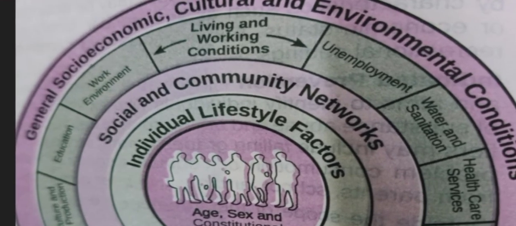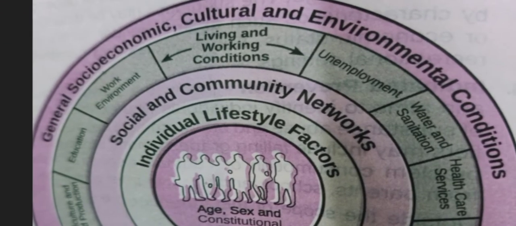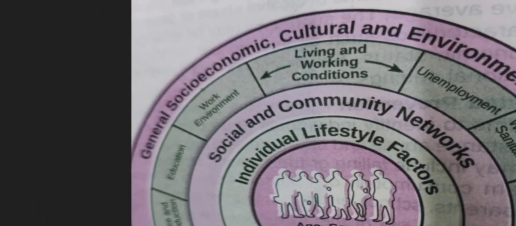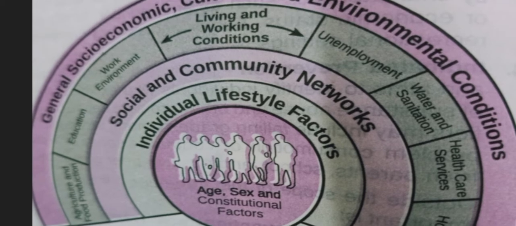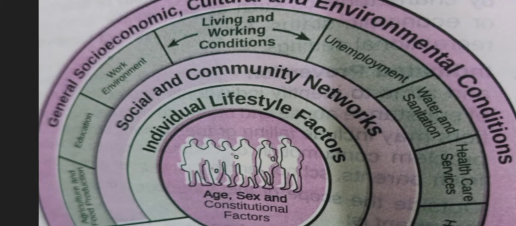This is a health determinant model. The rainbow diagram shows that health depends on these kinds of factors.